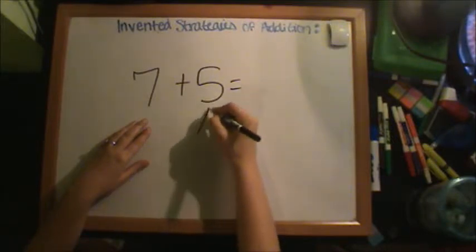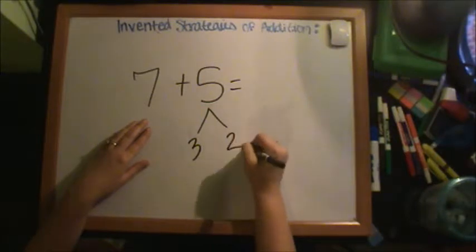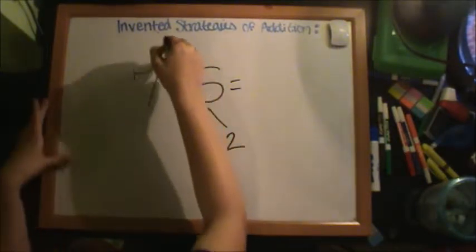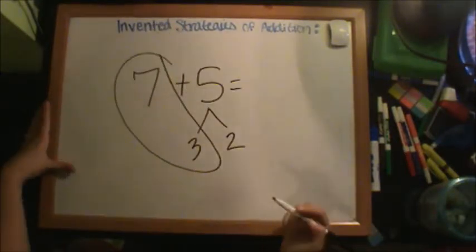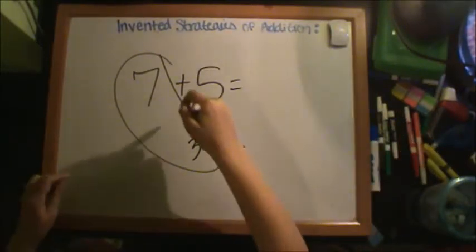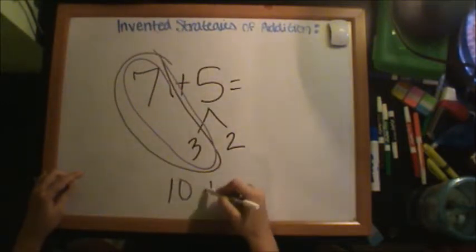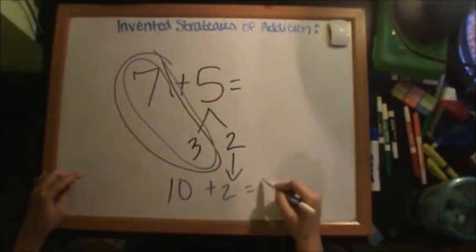Right. So you can break this 5 down into 3 and what? 2. So here's your 10 right here. Maybe I should have used a different color. Here's your 10. And how much do you have left? The 2. And it's 12.